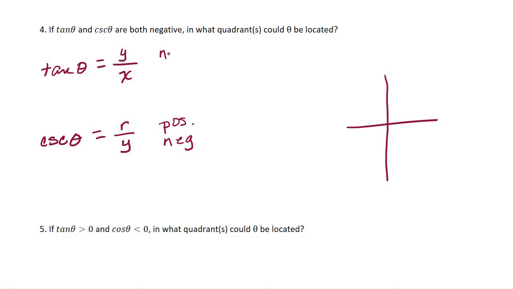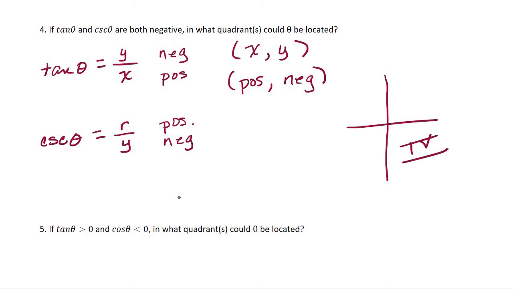I'm going to fill in that information. Now tan theta is negative, so y divided by x is negative. That means x has to be positive, because a negative divided by a positive is negative. So looking at the coordinate x, y, my x coordinate is positive and my y coordinate is negative. That would put me in quadrant 4.